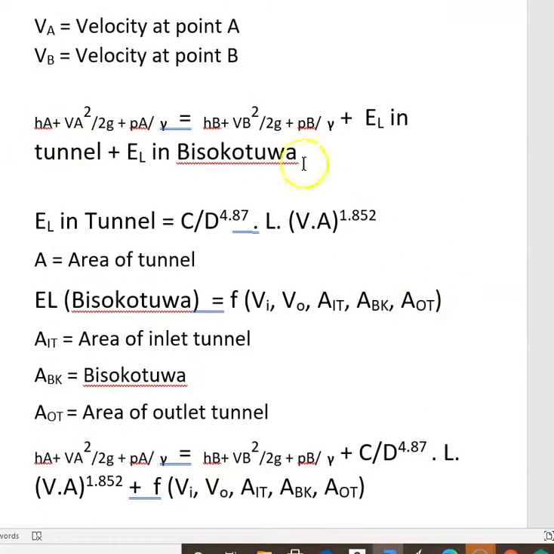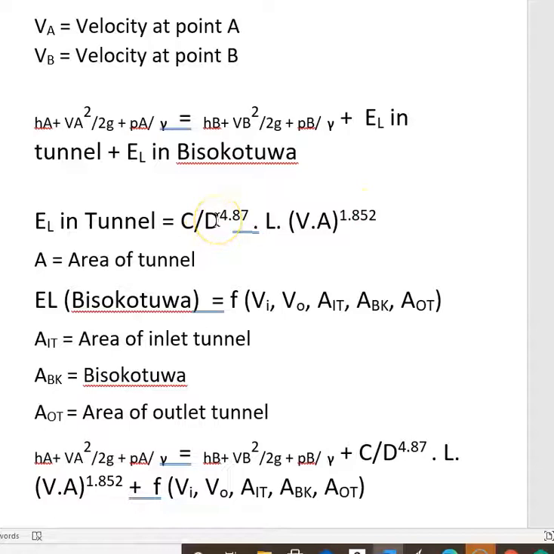So this is the basic equation, the HA. This is the kinetic energy, this is the energy due to pressure, and this is the energy at point B, and this is the energy loss in the tunnel, and this is the energy loss in Bisokotuwa. For energy loss in the tunnel, you have equations like this.